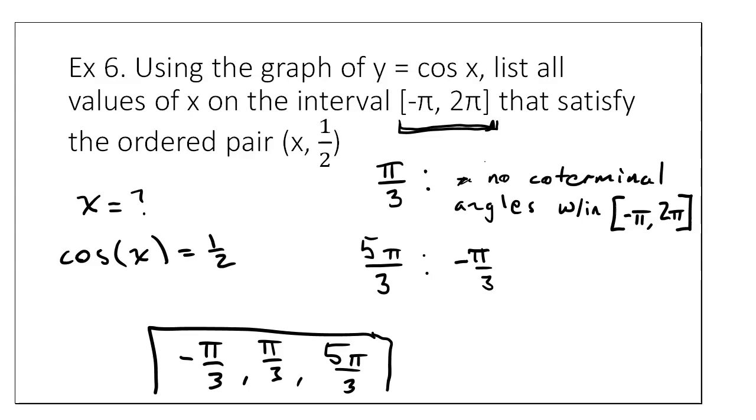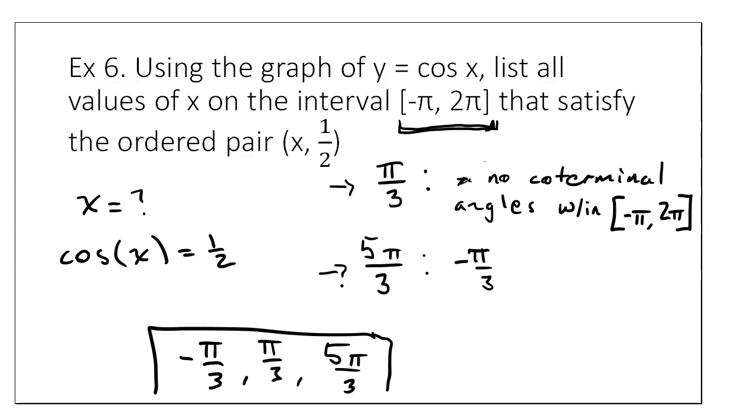So let's talk about how I got these solutions. The first thing I did was write down the two angles found on the unit circle that gave me an output of 1/2, and those angles are pi over 3 and 5 pi over 3.